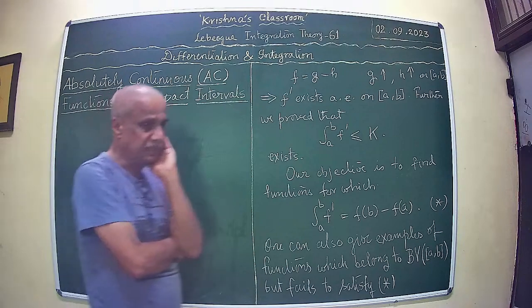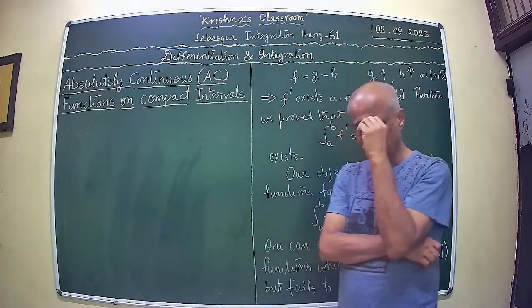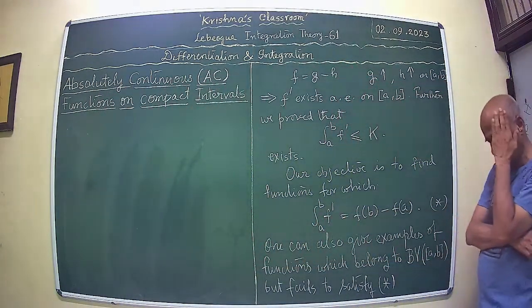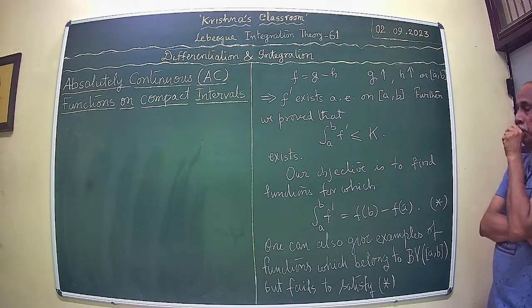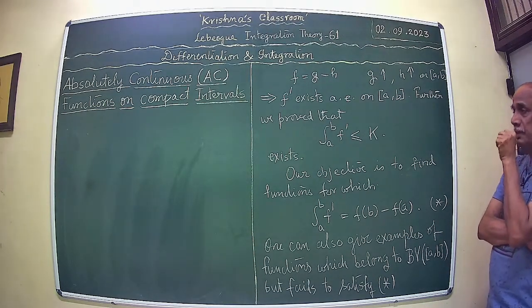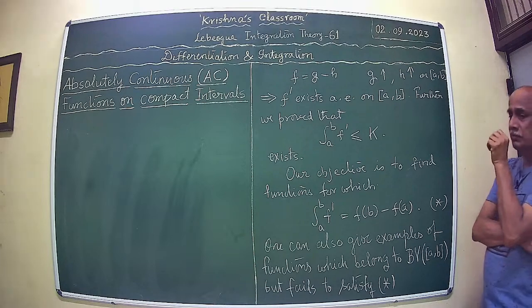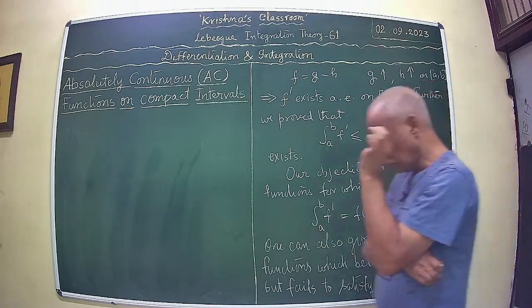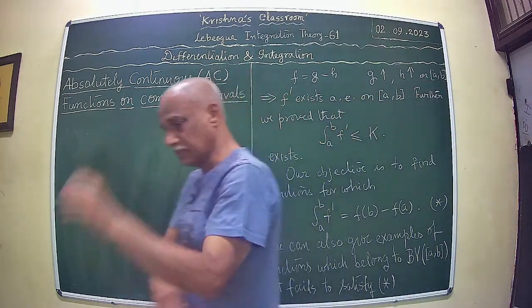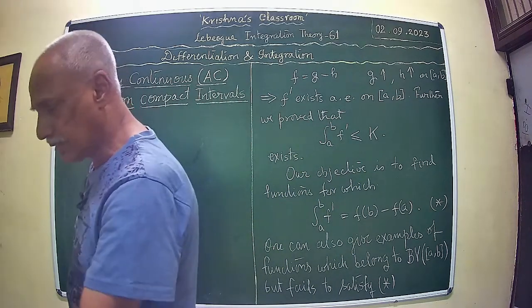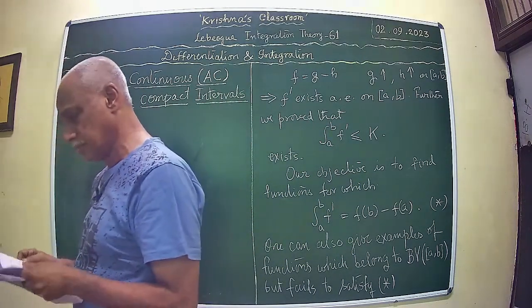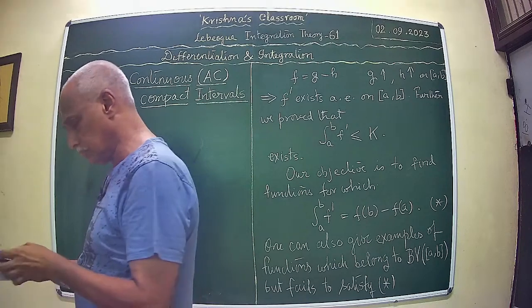That we have already seen. So we get an idea how things work. But the difficulty comes from the rapid oscillations. In fact, this is something which you can eventually prove.